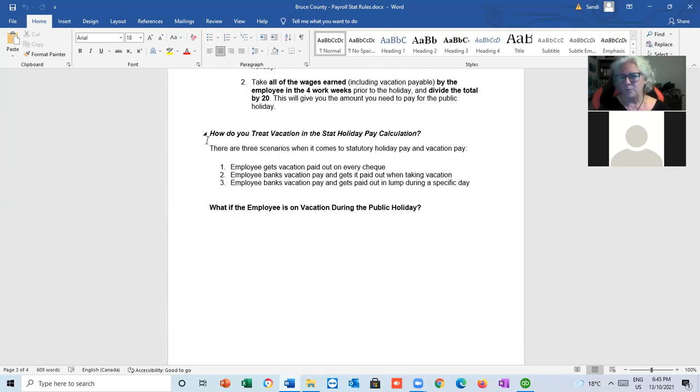I have been around where some people will say, I'm not going to take a vacation, but I want to take some vacation dollars because I need to spend it on something. So whenever that is released, whether it's per pay, taking a vacation week off, or taking a lump sum, that's the pay period where that calculation for stat holiday is going to come into play.